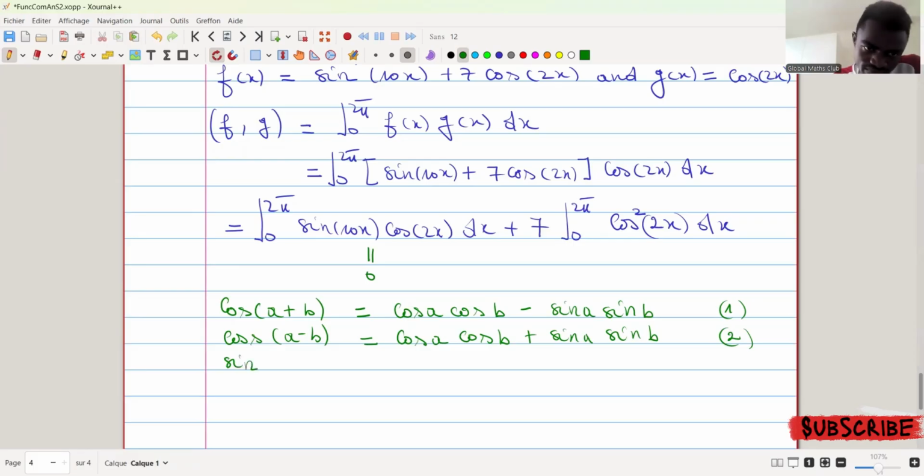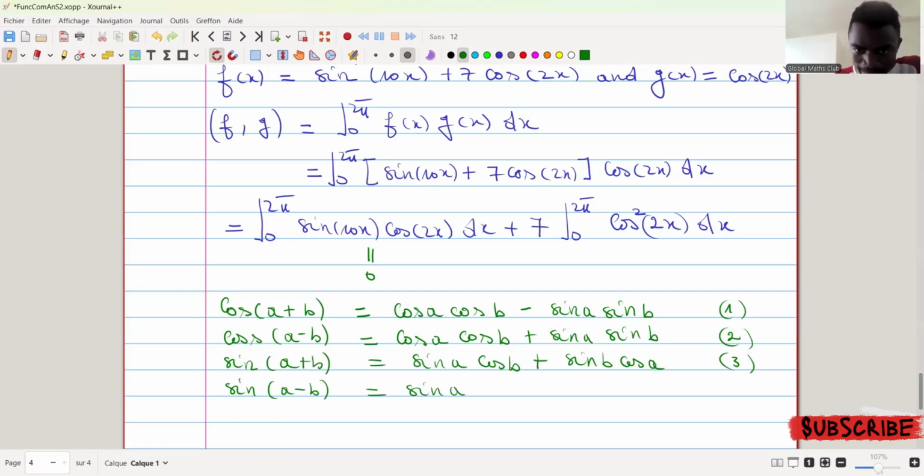Sine of a plus b equal to sine a cosine b plus sine b cosine a. Sine of a minus b equal to sine a cosine b minus sine b cosine a.